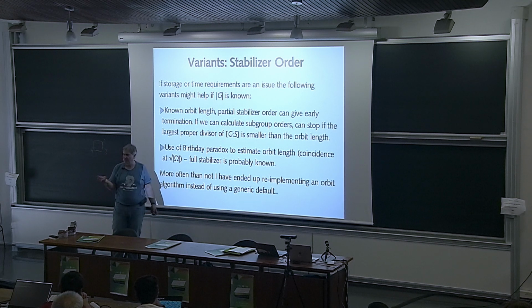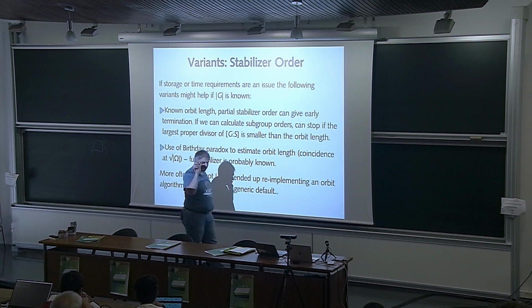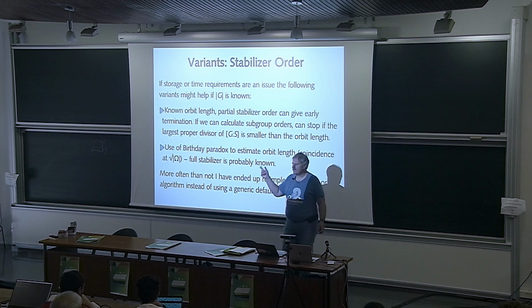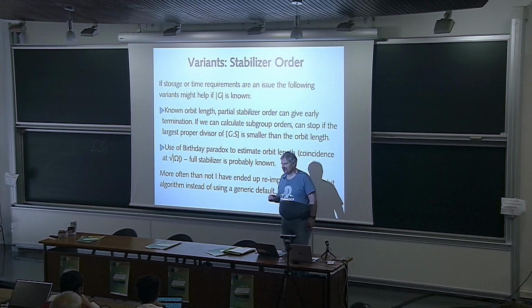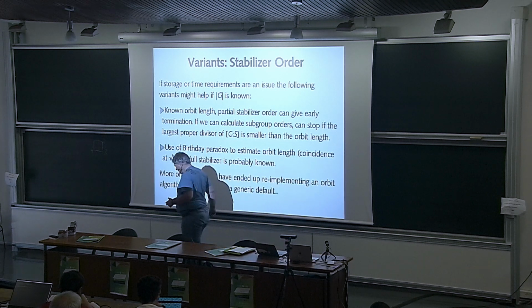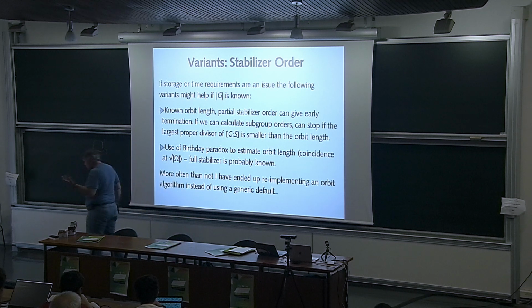What's the probability that 2 people in a room have the same birthday? And it turns out it's roughly the square root of the total number that is needed to get such a coincidence.